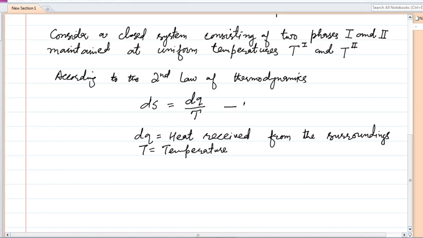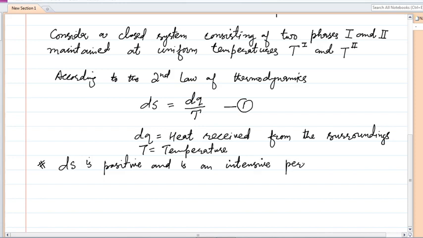We will represent this as equation 1. One more point you have to remember regarding this change in entropy is that dS is positive and is an intensive property. Very important point you have to remember.